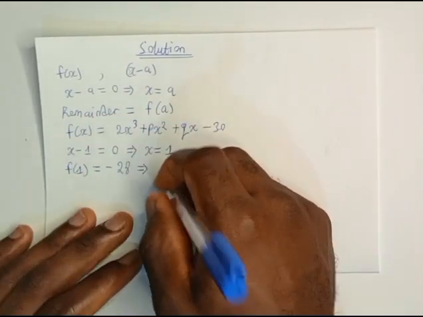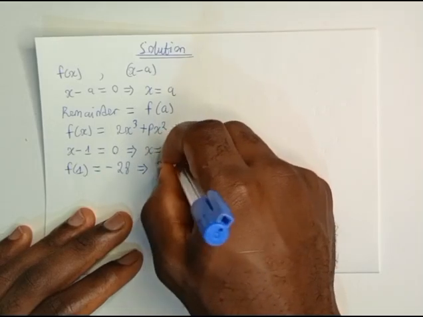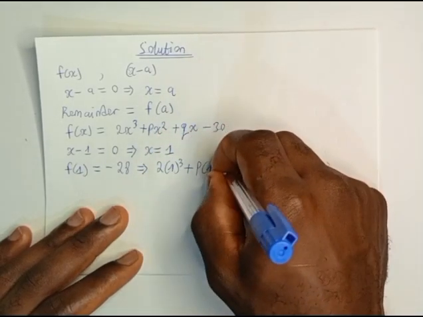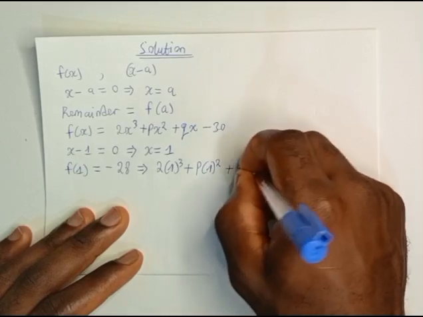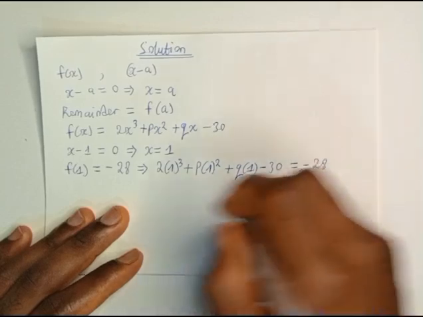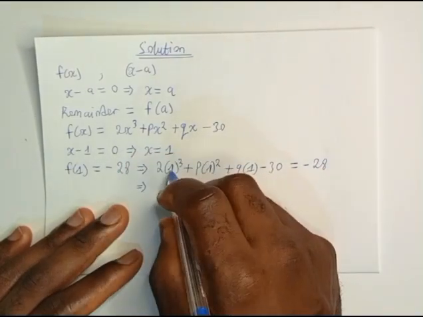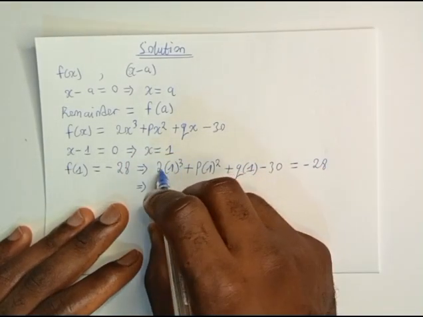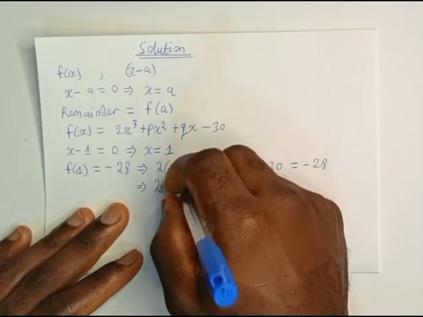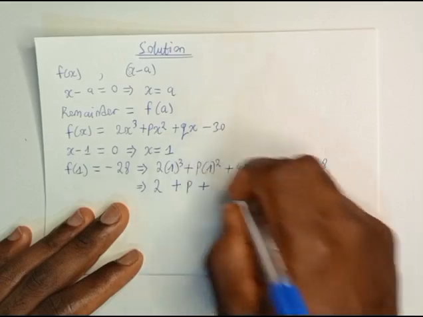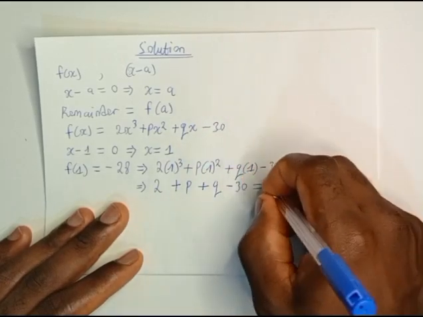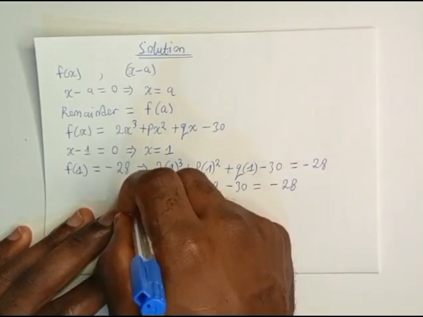f of 1 is simply equal to negative 28. Then f of 1 is 2 times 1 cubed plus p times 1 squared plus q times 1 minus 30 is equal to negative 28. Then 1 cubed is 1, times 2 gives 2, plus 1 squared gives 1 times p gives p, plus q times 1 remains q, minus 30 is equal to negative 28.